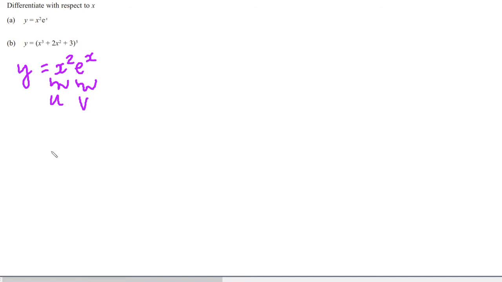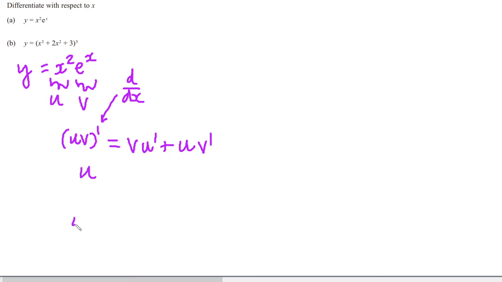An easier way to write the product rule is that (uv) prime, where this apostrophe symbolizes differentiating with respect to x, is equal to v times u prime plus u times v prime. So let's write all of these values out because it makes doing these calculations a lot simpler. We have u, v, u prime, and v prime.